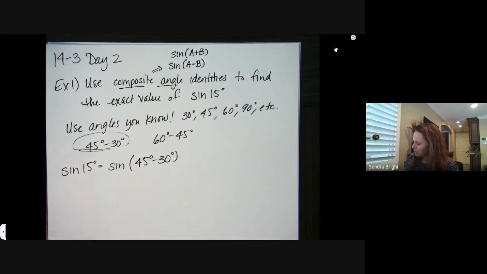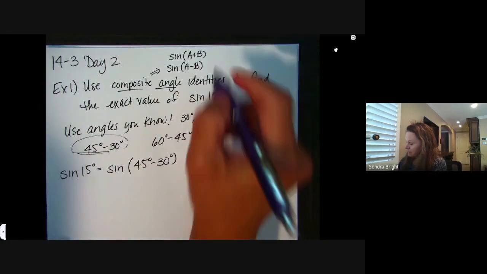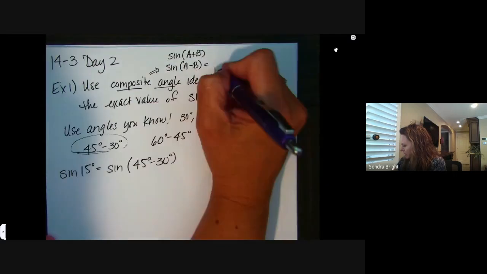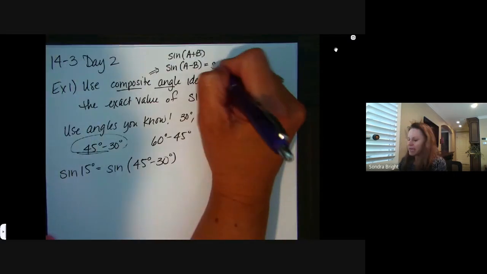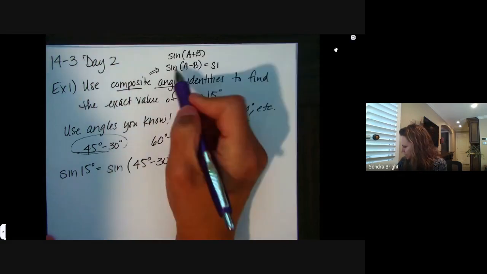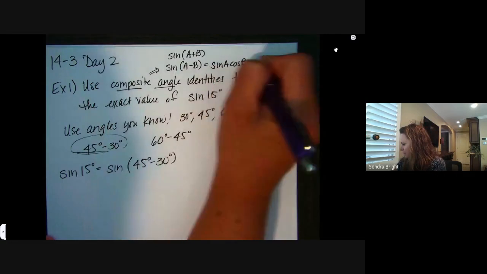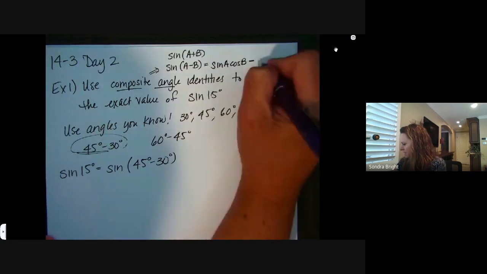All right, so using composite angle identity, sine of 15 degrees is equal to sine of 45 minus 30. And from the last lesson, we've got, the sine guys make a sine, cosine, same sign sandwich. So it's sine of the first times cosine of the second, same sign, and then cosine of the first times sine of the second.